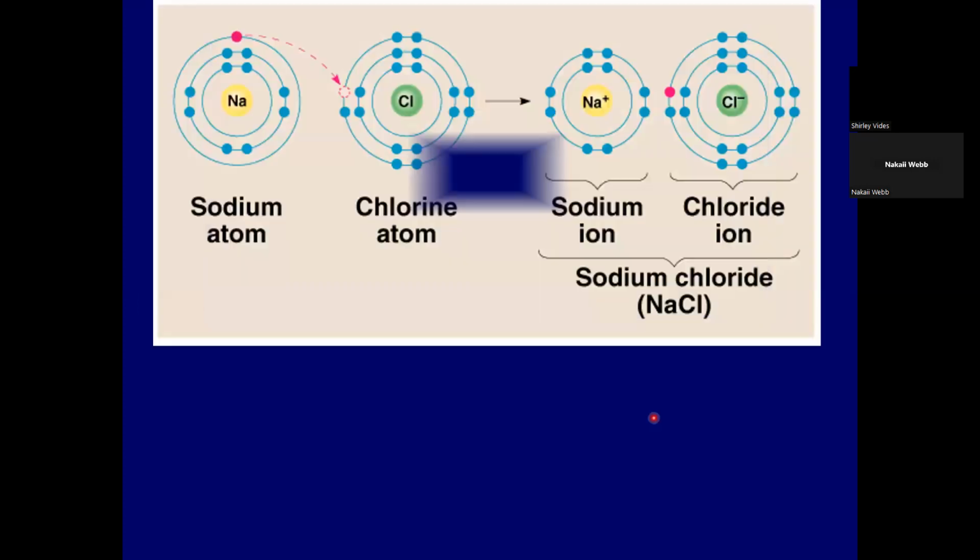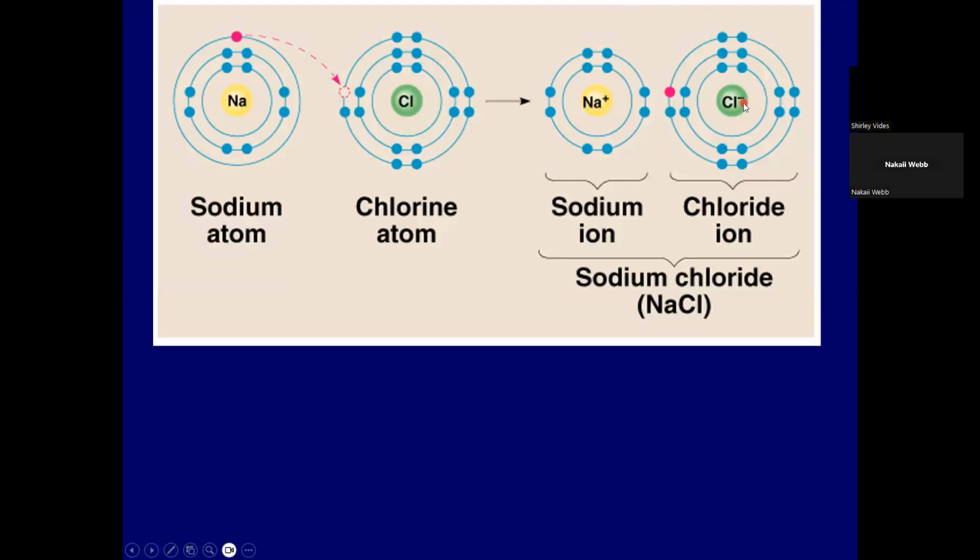Okay, so this is in Lewis structure form. You have the one electron of sodium transferring into the last or valence electron level of chlorine. Sodium becomes an ion, it loses that level, and it gets a positive charge.